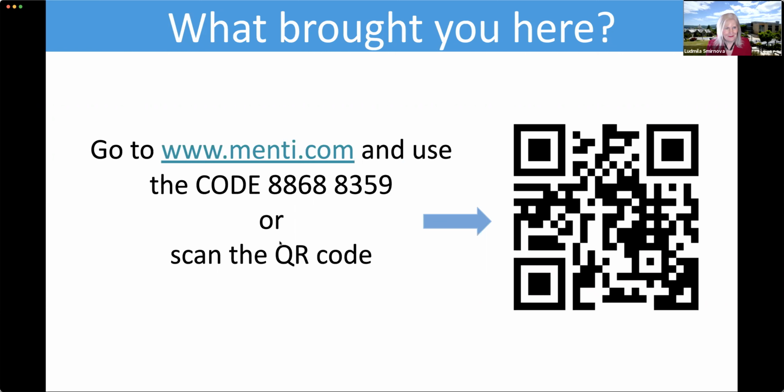So please share, and we will see the results. You can use the QR code, which is easy. Just take your phone with a QR reader, or type in menti.com and use the code.